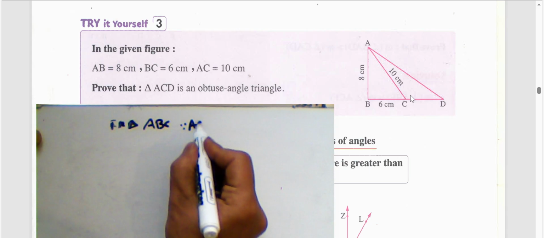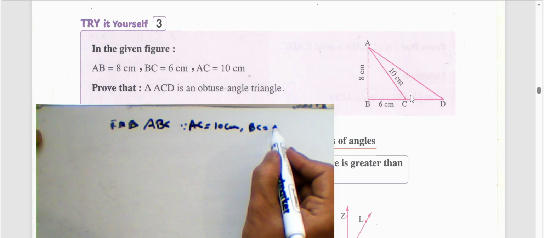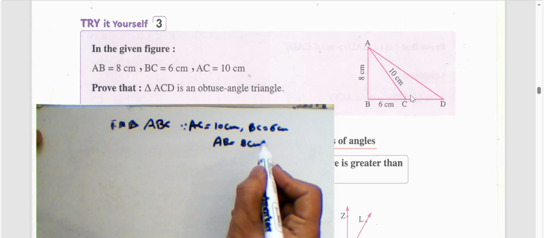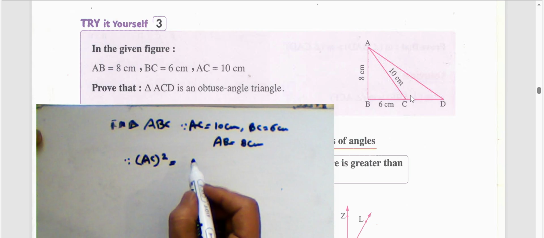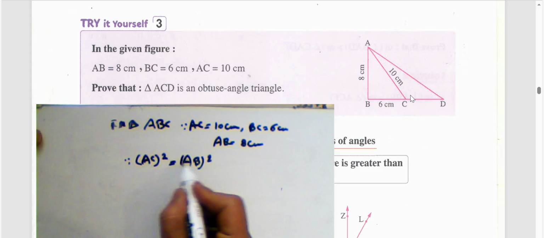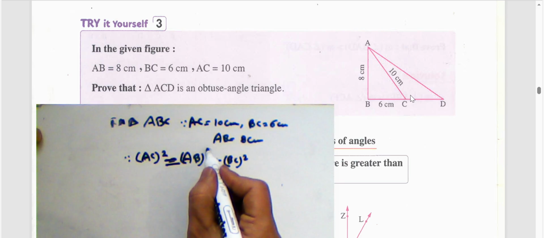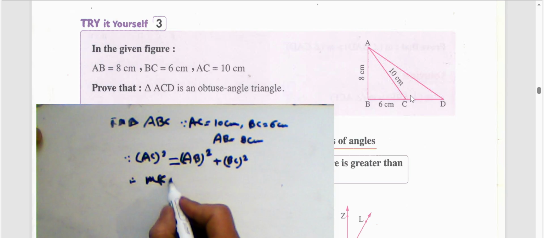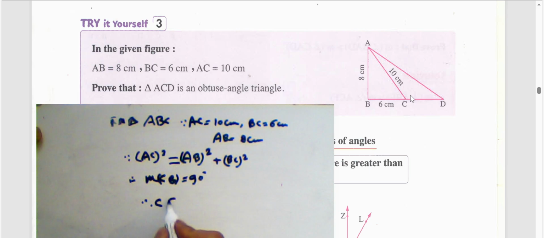ABC, such that AC equals 10 centimeters and BC equals 6 centimeters and BA equals 8 centimeters, such that AC power 2 is equal to AB power 2 plus BC power 2. Then the measure of angle B will be equal to 90 degrees, such that we have C pointing to the line segment BD.